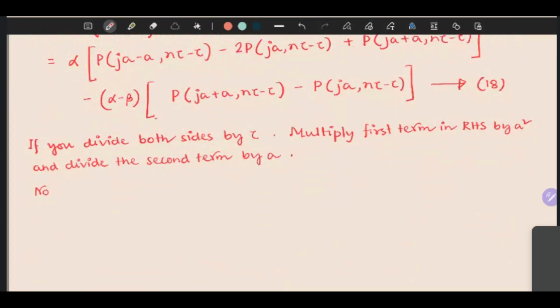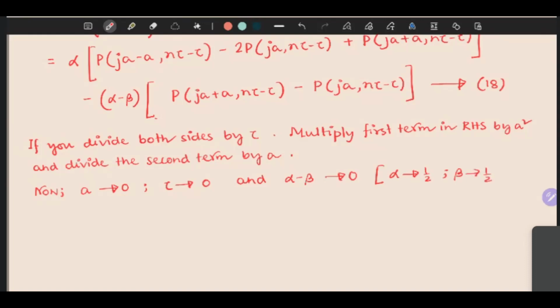we are using the continuum section where a tends to 0 and tau tends to 0. Let's say we are making the step length and time step very small, and also alpha minus beta tends to 0. What does alpha minus beta tends to 0 mean? Alpha tends to half, beta tends to half.